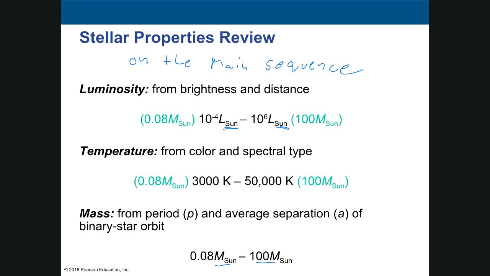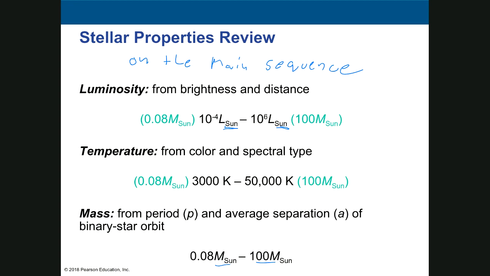And if you remember, a star is on the main sequence if it is converting its core hydrogen into helium via nuclear fusion. That's the important criterion of being in the main sequence. Now you can be off the main sequence, but then other things are happening, higher fusions are happening. The stars off the main sequence are unstable.